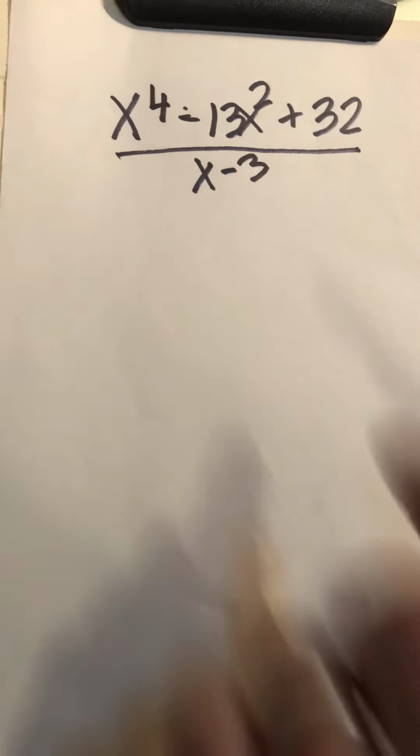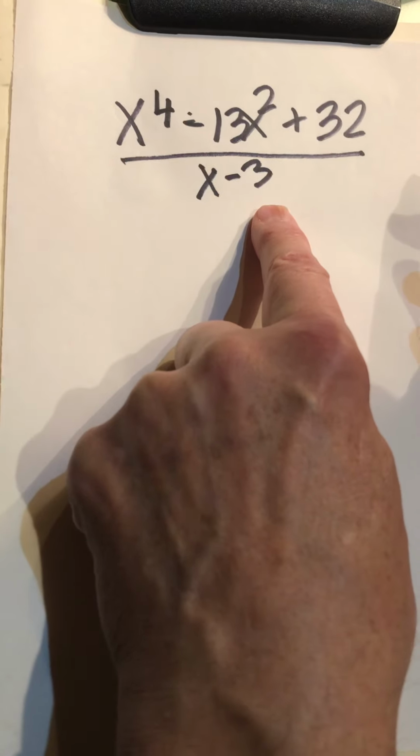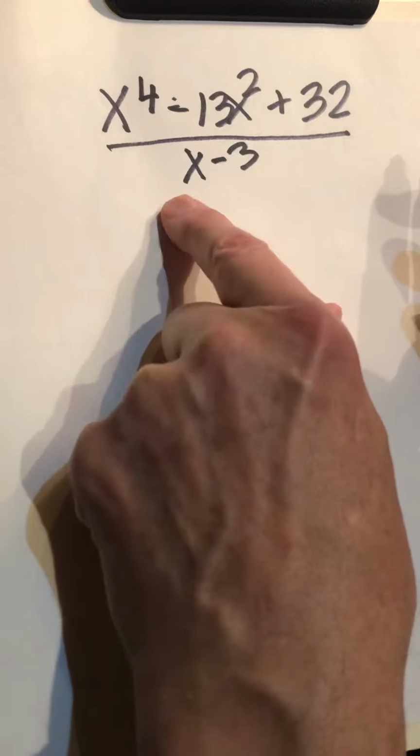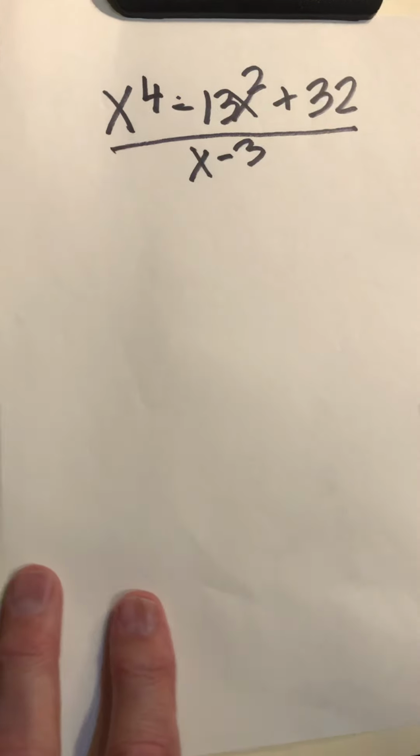And the answer is yes, because the key is that the x minus 3 in the divisor means that it's x plus a number or x minus a number. And yes, I can do both synthetic and long division.